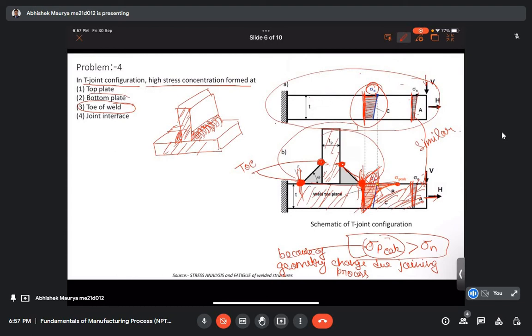And for the joint interface, the change in area is not that abrupt, so it will not fail from there. So the correct answer will be the toe of the weld.